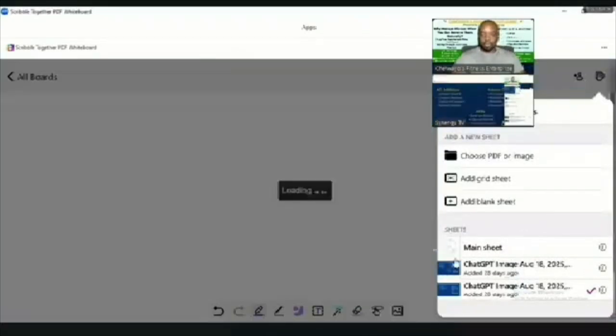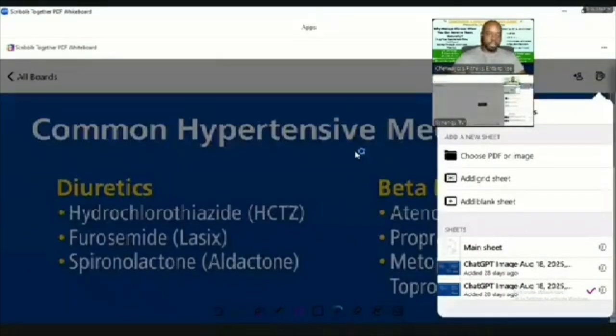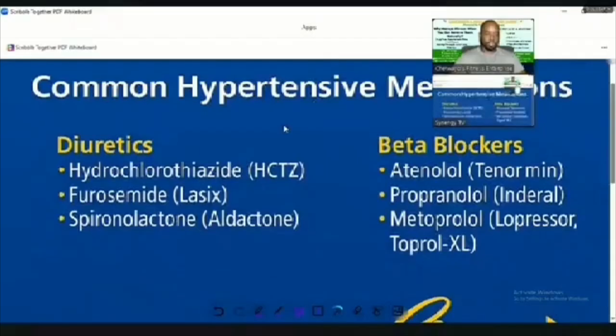You also have the diuretics. Diuretics, of course, help the body to excrete more fluids, so that would reduce total blood volume. As total blood volume goes down because fluid is less, the amount of blood flowing through the blood vessels is reduced, so that would also reduce pressure.